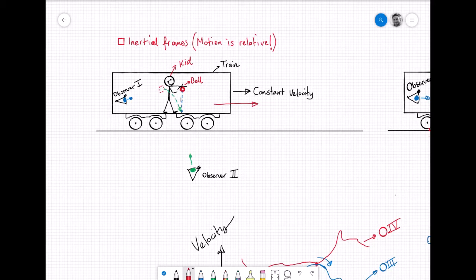The reason is the train was moving with a constant velocity when the kid drops the ball from his hand. Therefore, the observer at the outside of the train will see that the ball follows a curved trajectory.